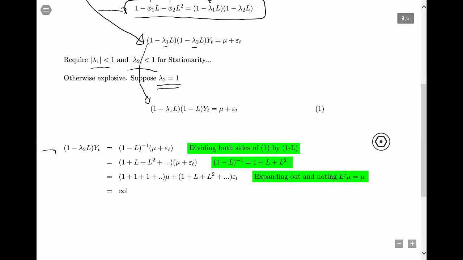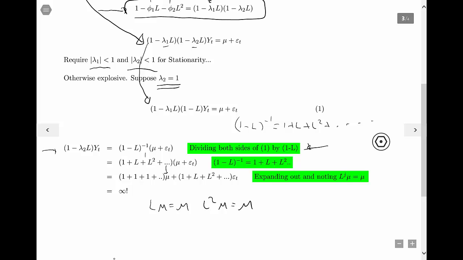And again, we can now expand out. We've divided both sides by 1 minus L, and this is a geometric progression in L. So we're going to get 1 plus L plus L squared dot dot dot. Then we can expand out, and we can see we're going to get this term here, because remember, L of mu equals mu, L squared of mu equals mu.